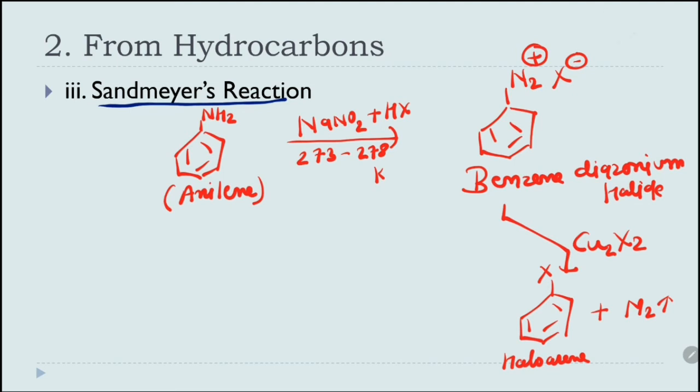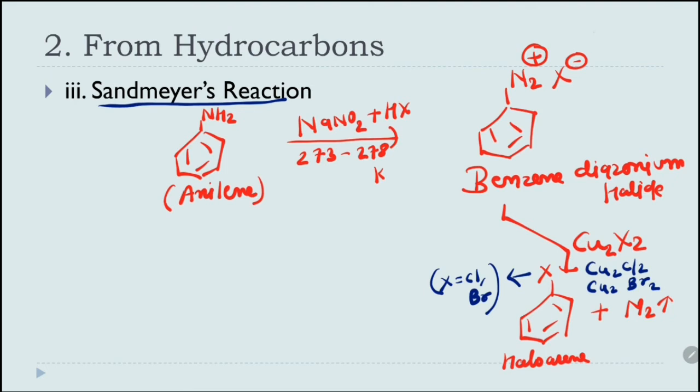But one thing we have to remember, that we can make chlorobenzene and bromobenzene by this reaction. That means here X may be either chlorine or bromine only. So we can take Cu2Cl2 or Cu2Br2.